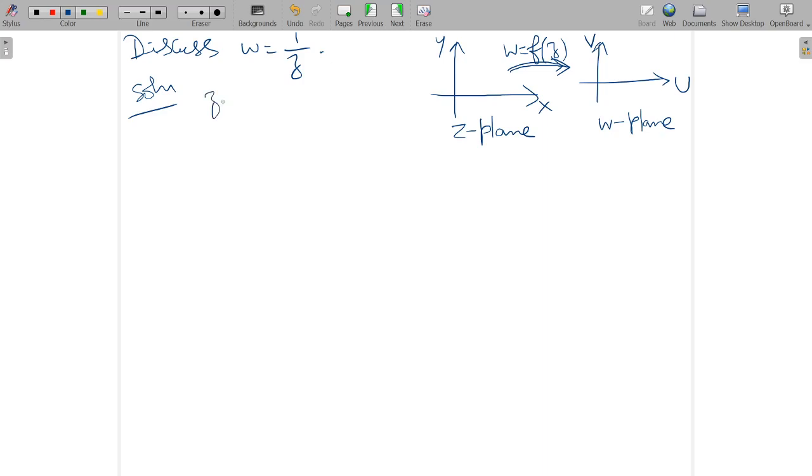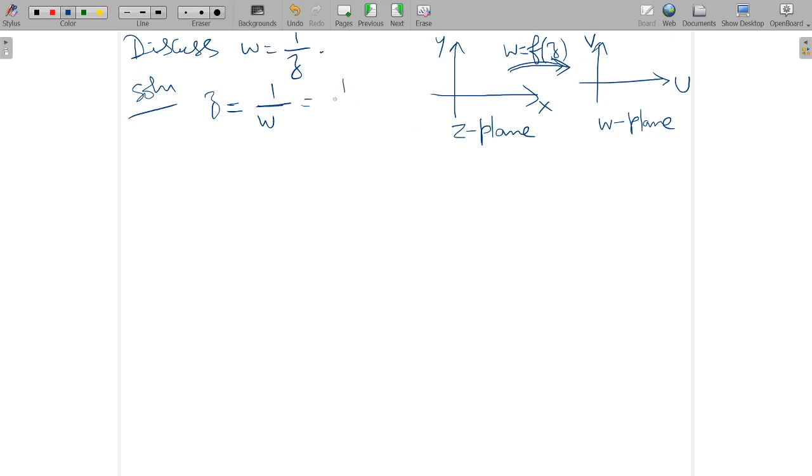Before moving into the problem, I'll first separate the real and imaginary parts of the function z is equal to 1 by w, because you know that the z plane contains x and y. So if I want to find its image, I have to replace x and y in terms of u and v.